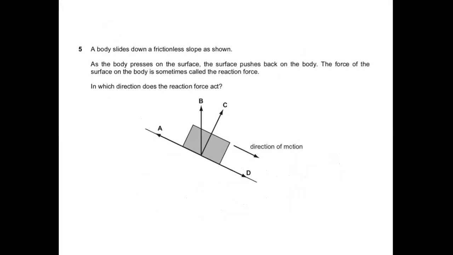That is, to every action, there's an equal and opposite reaction. The body is applying an action or a force on the ground in this direction. So the reaction will be in the opposite direction, that is C. So C is the correct answer over here.